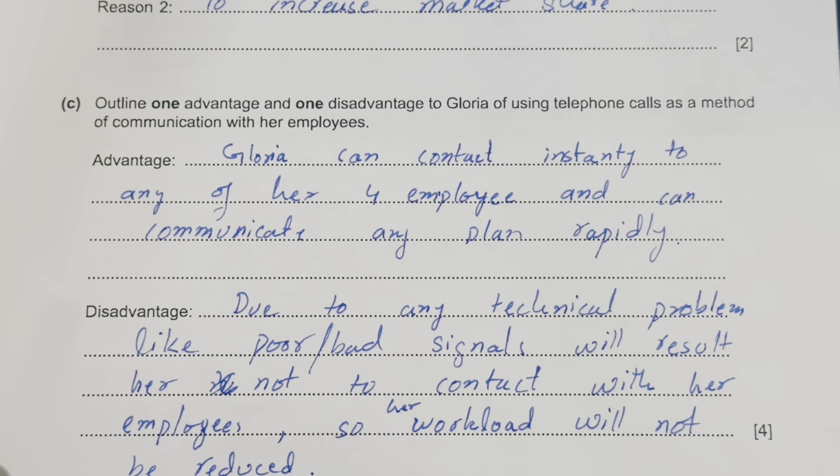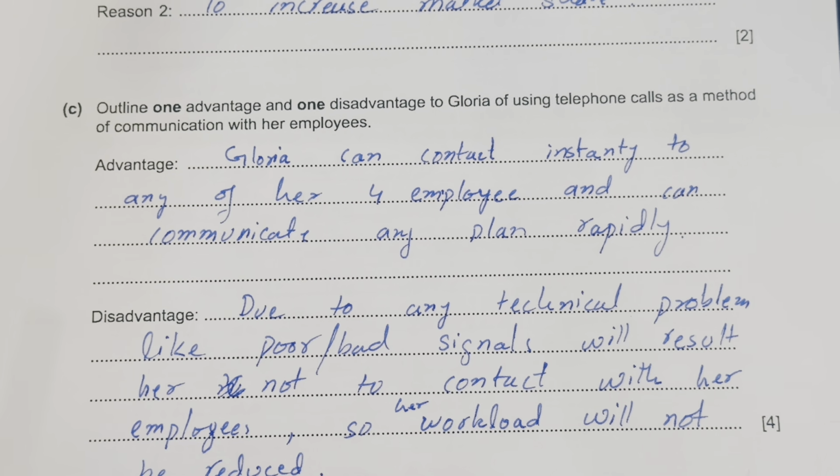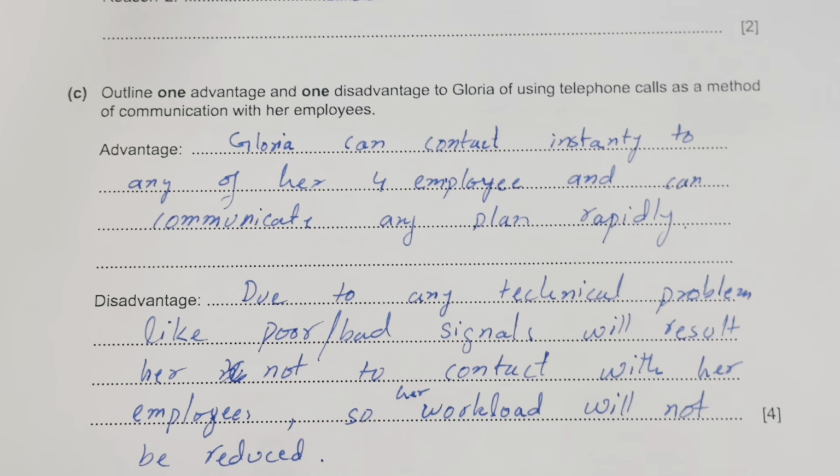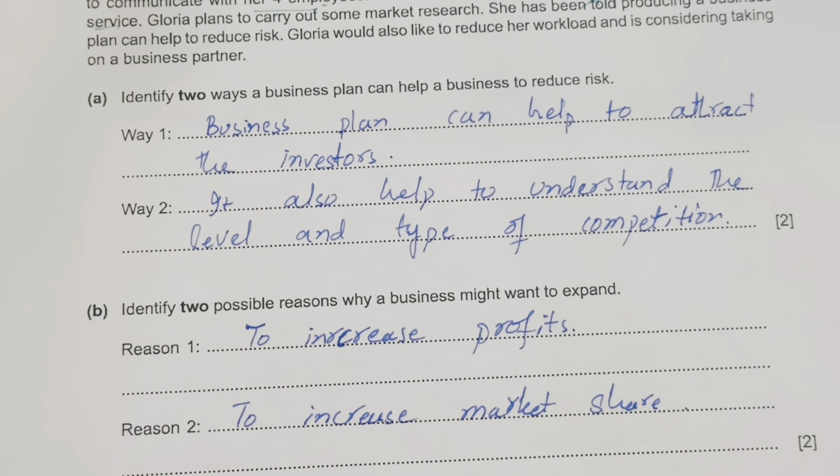So you need to write one advantage and one disadvantage. You can also add other points that would be relevant to the question asked.